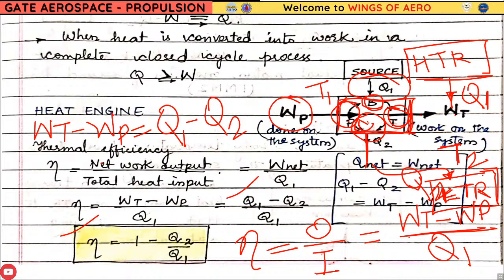Work output means the work done by the turbine minus the work of the pump, which is equivalent to the heat entered into the system minus the heat rejected from the system. This is a very, very, very important expression.